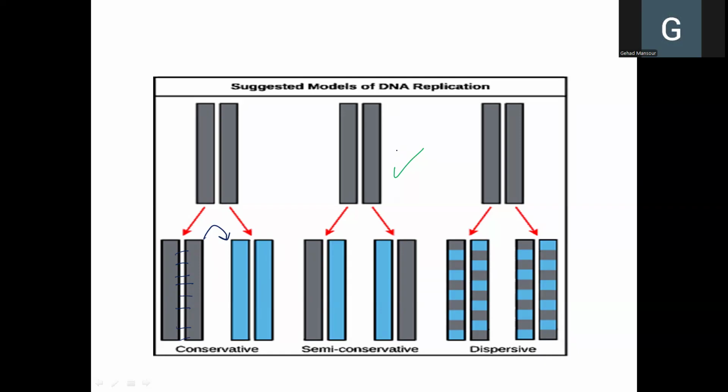But in the semi-conservative replication, there is separation of the two strands by breaking down the hydrogen bonds. And when the two original strands are separated, the new strands are built upon each of them, and therefore you end up having two similar DNA molecules.